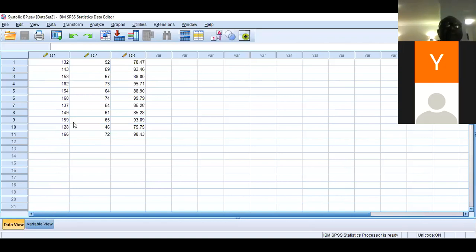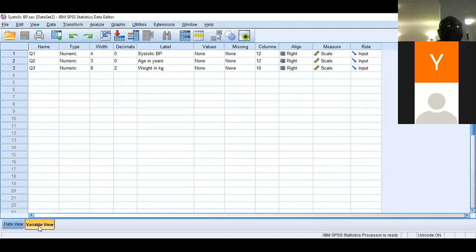Yes, I will look at the 3 variables: systolic blood pressure, age in years, and weight in kilograms. The systolic blood pressure is the outcome variable; the exposures are age and weight. Let's first correlate to see what they look like.